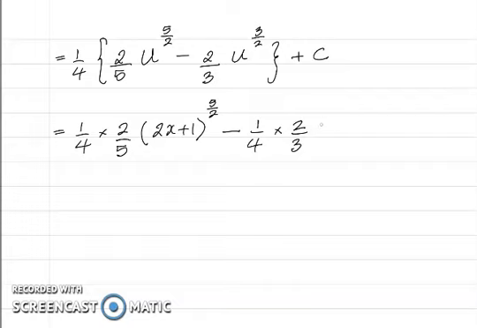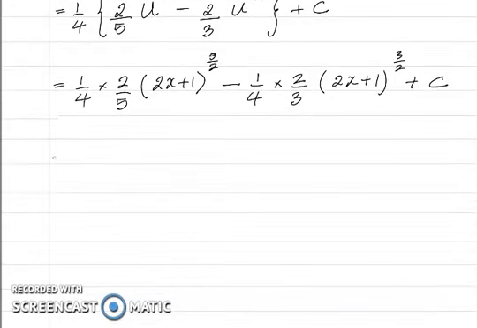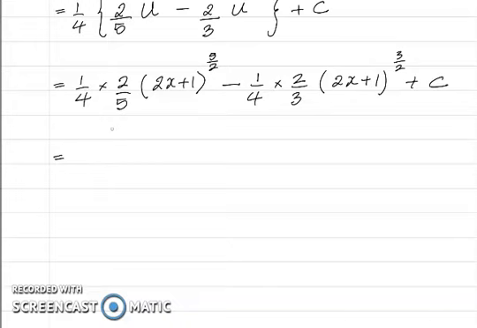So I'm applying the distributive law. And this is (2x plus 1) raised to the 3 over 2 power, plus, of course, c, which is the constant of integration.